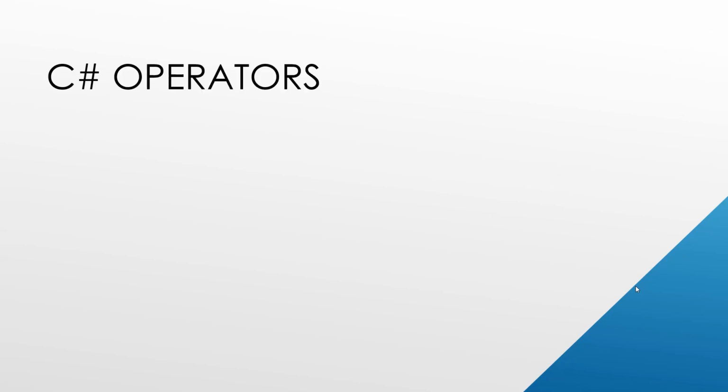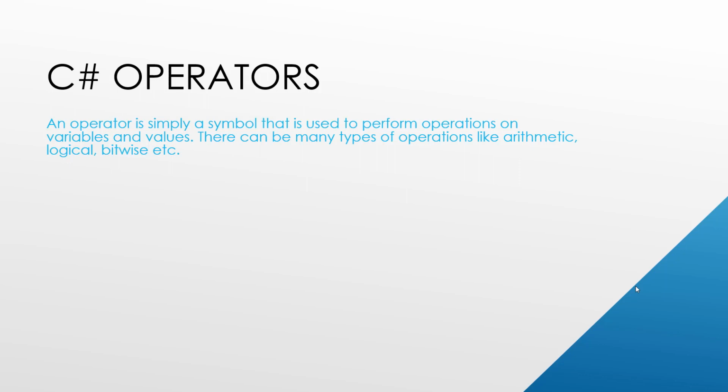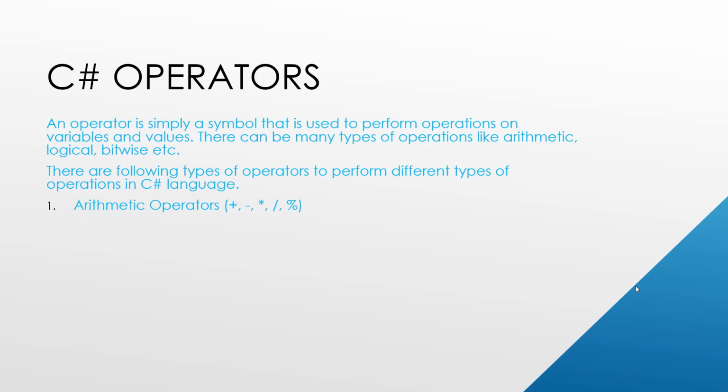Okay, what is C# operator? An operator is simply a symbol that is used to perform operations on variables and values. There can be many types of operations like arithmetic, logic, and bitwise. Okay, there are the following types of operators to perform different types of operations in C# language. What are those?